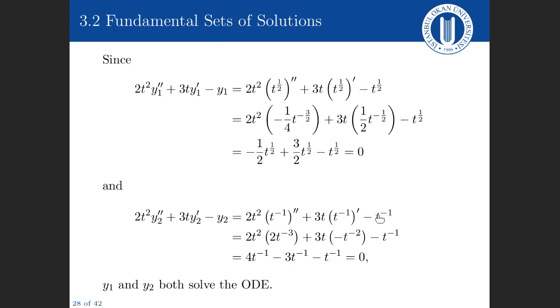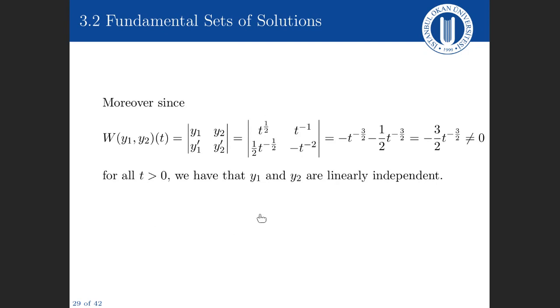There's one more thing we need to do. We need to check if y1 and y2 are linearly independent. To answer this, we calculate the Wronskian of y1 and y2 at time t. We use our formula, the determinant of the 2 by 2 matrix y1, y2, y1 prime, y2 prime.